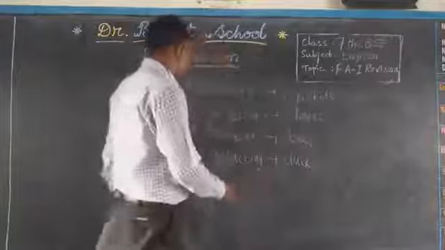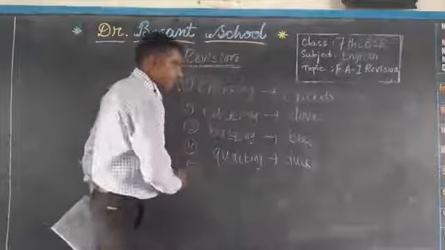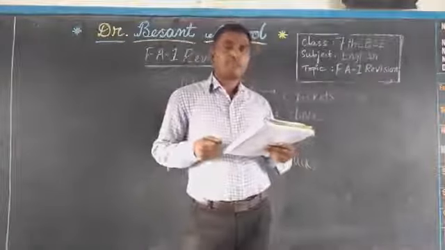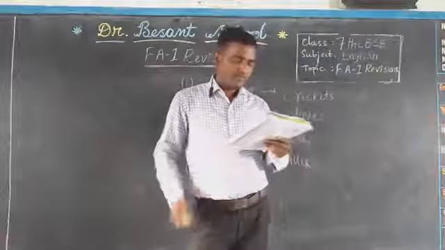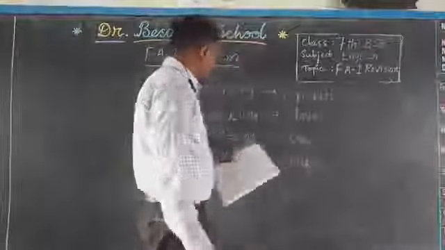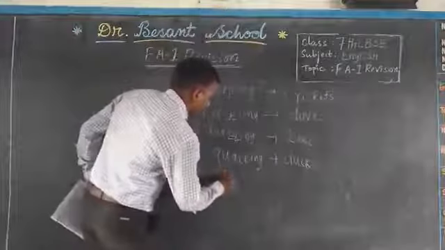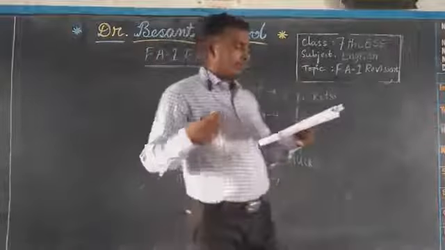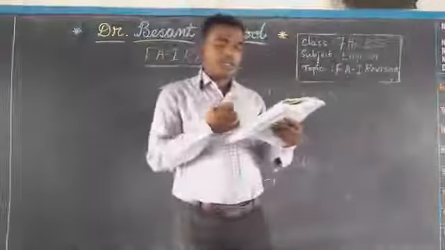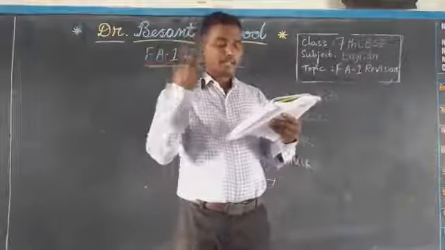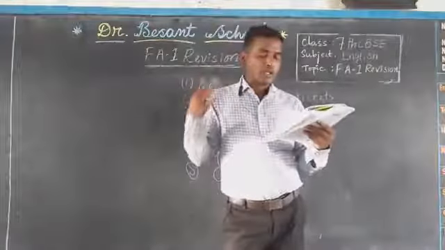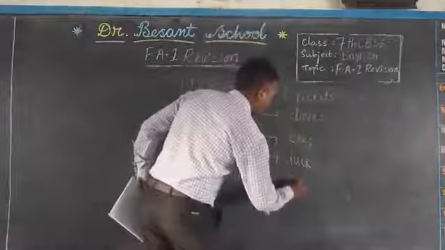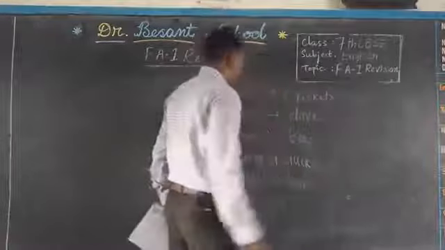If you concentrate on this topic, you will be successful in getting 2-3 marks, right? Cooing. The next one, cooing. So the name of the bird, the sound is cooing. Option A, hens. Option B, sparrows. Option C, ducks. The correct option is hens. Right?